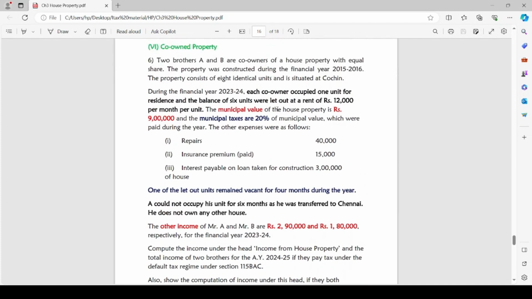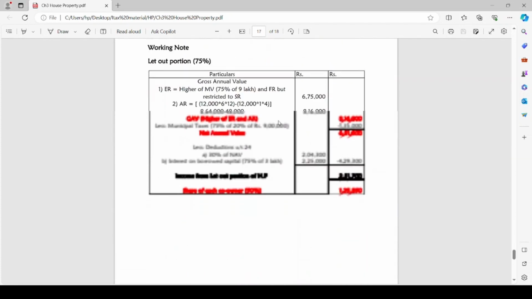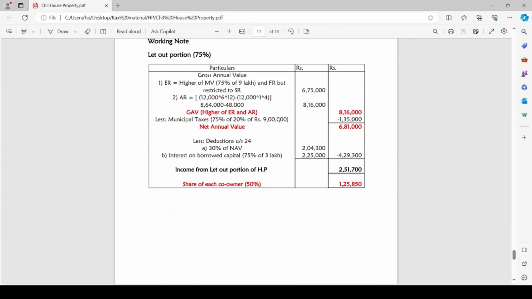The municipal value of the house property is rupees 9 lakh. Here they have not given the standard rent and fair rental value, so we consider municipal valuation as the expected rent. Since the let out portion is 75% of the total house property, we take only 75% of 9 lakh as expected rent. 75% of 9 lakh is rupees 6 lakh 75,000.